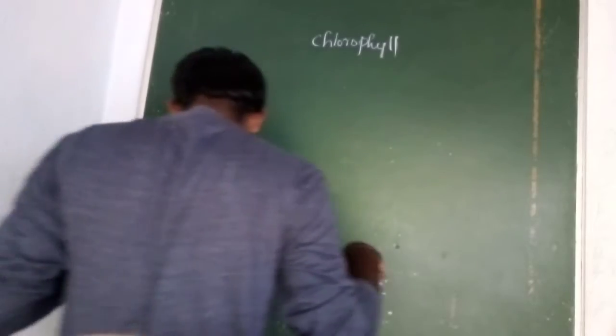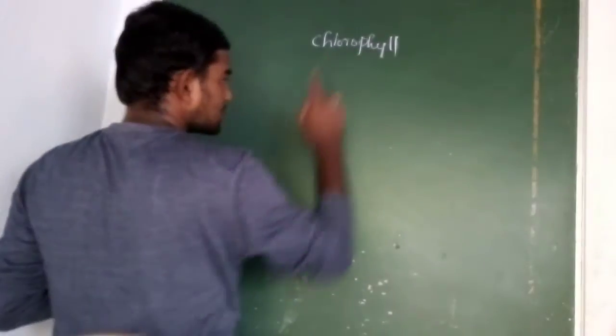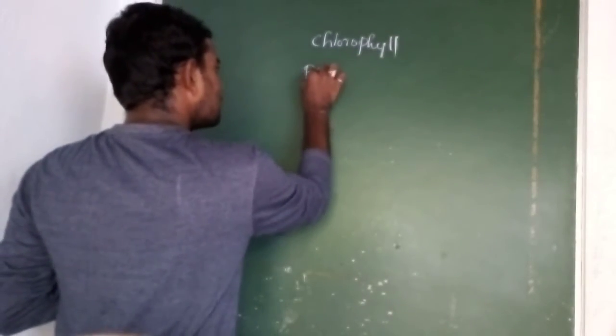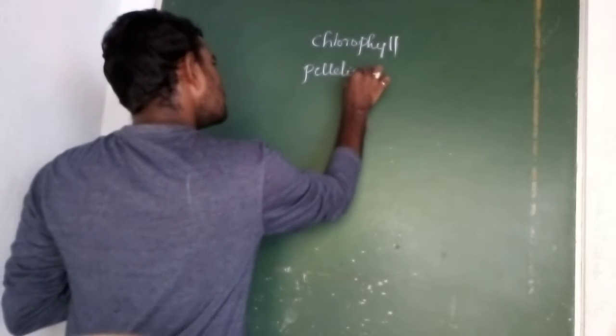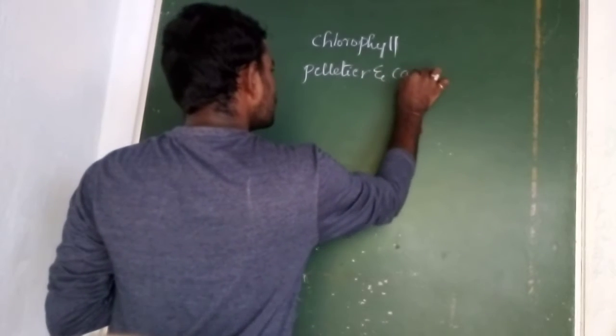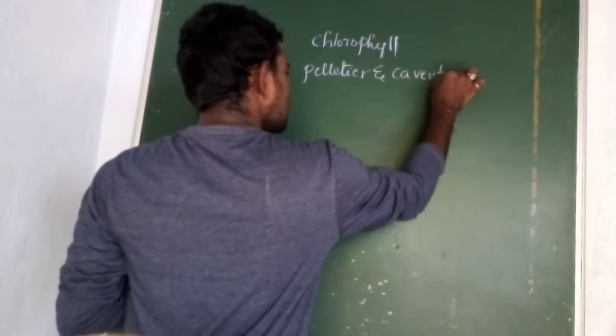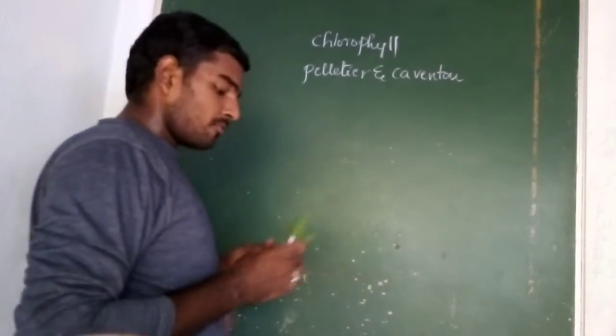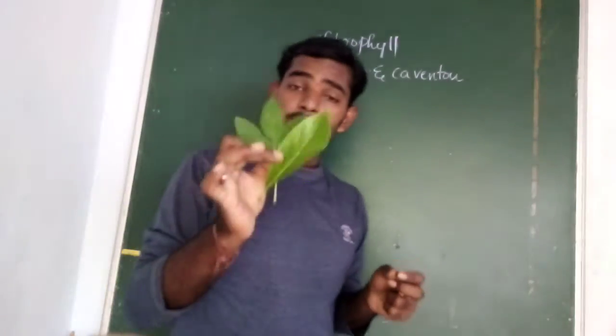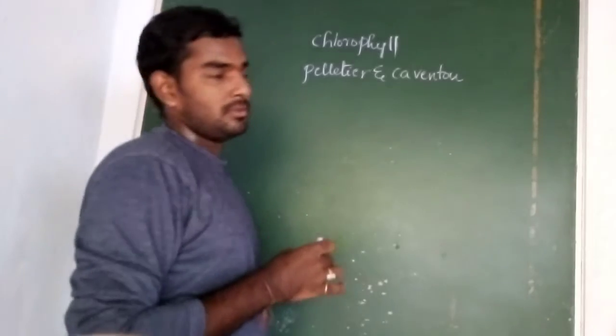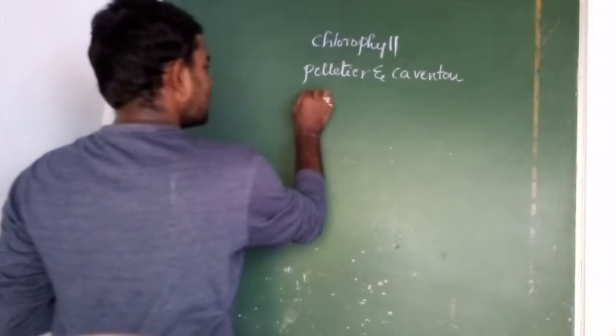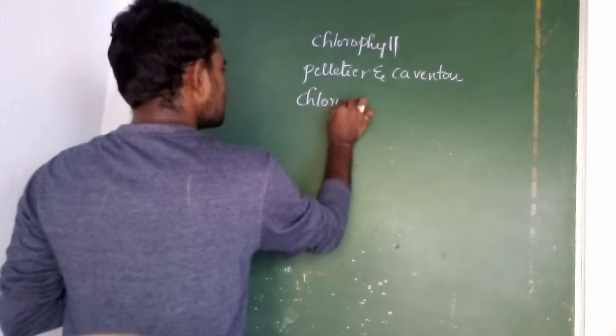So who discovered this chlorophyll? Chlorophyll was discovered by the scientists Pelletier and Caventou. They discovered that each leaf consists of chlorophyll. That's why the leaf is green in color. And this chlorophyll is present in the chloroplast.